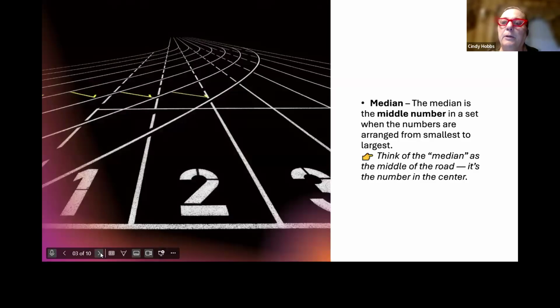Median is the middle number when the numbers are arranged from the smallest to the largest. Think of the median as the middle of the road. When you're driving down the highway, there's the yellow line in the middle, or sometimes there's a concrete divider. Or if you go to the store, there's small, medium, and large clothing. So it's what's in the middle. It's not the average, because the average is when you take all the numbers.